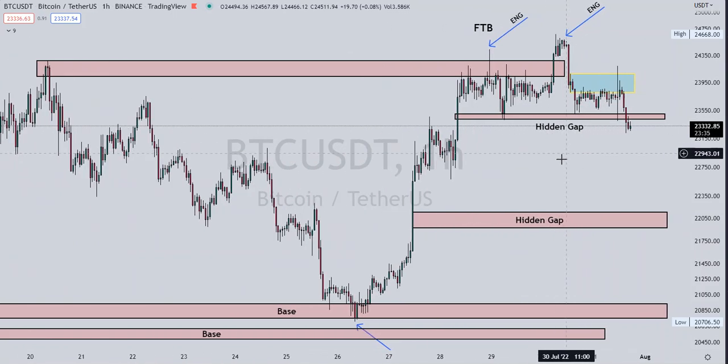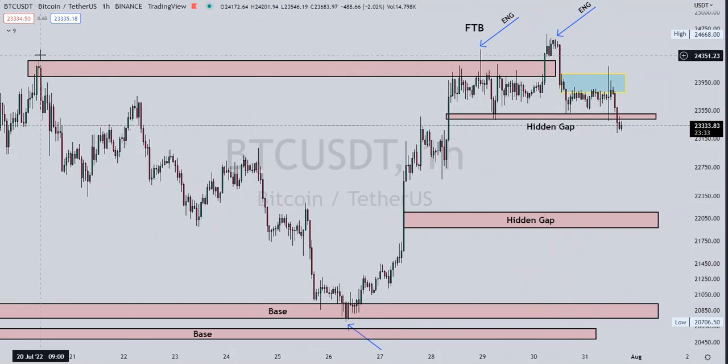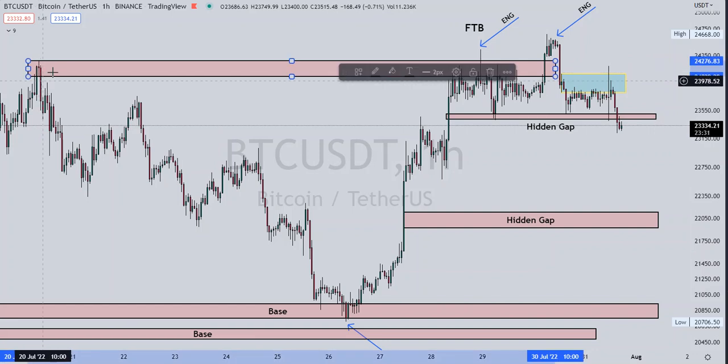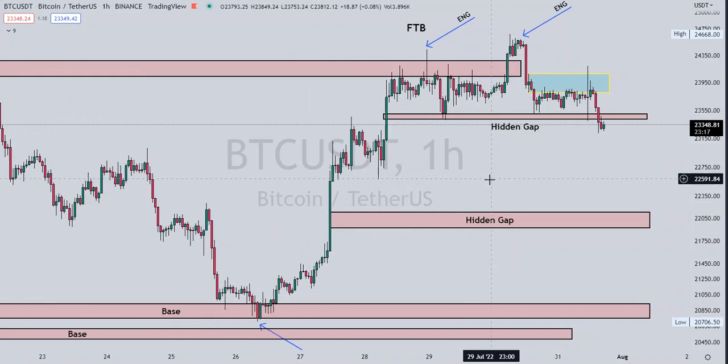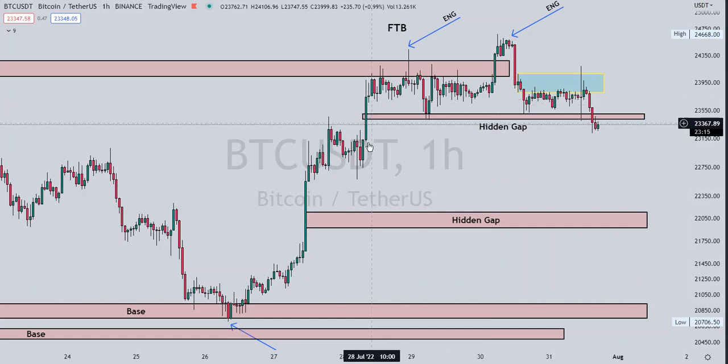In this chart, this area was a very important resistance for me, and this candle engulfed this resistance, and actually it was the first time back to this resistance area after the price dropped down to the lower support. And here in this candle I found a hidden gap, and the price shows a nice reaction to the hidden gap a few times.